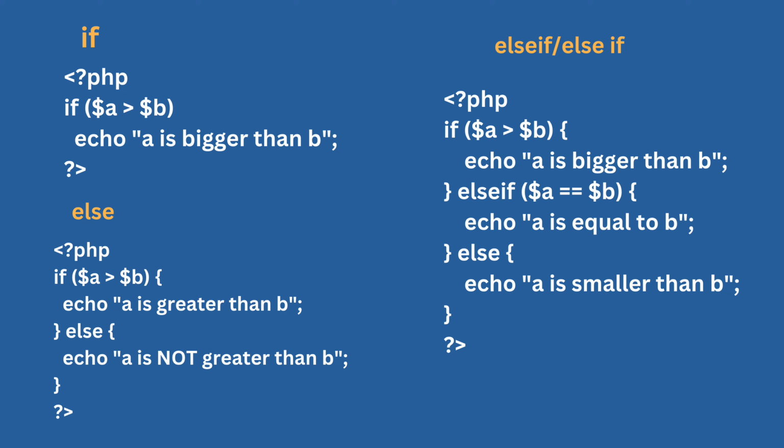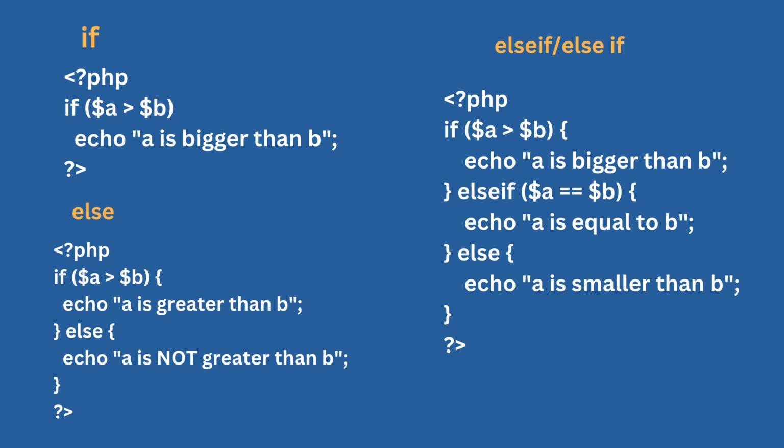Similarly, if I have more than one condition to check, I am checking two numbers. If A is greater than B, then A is bigger. Else if A equal to B, then both are equal. Else A is smaller than B. So you see how I am using if, else if and else.